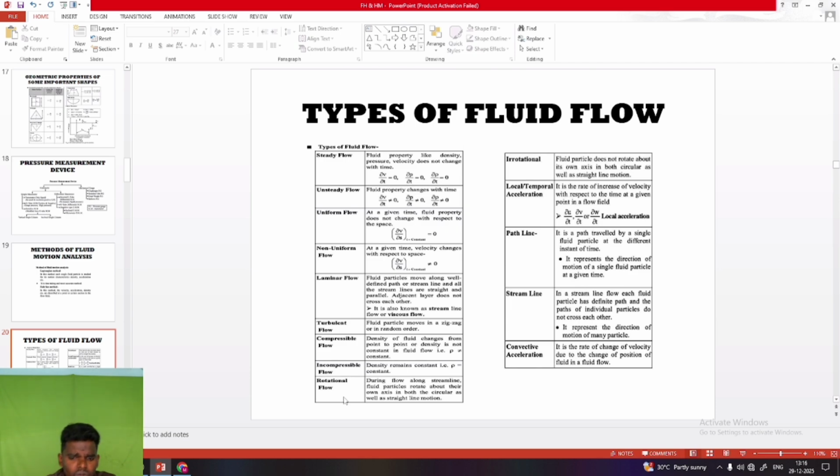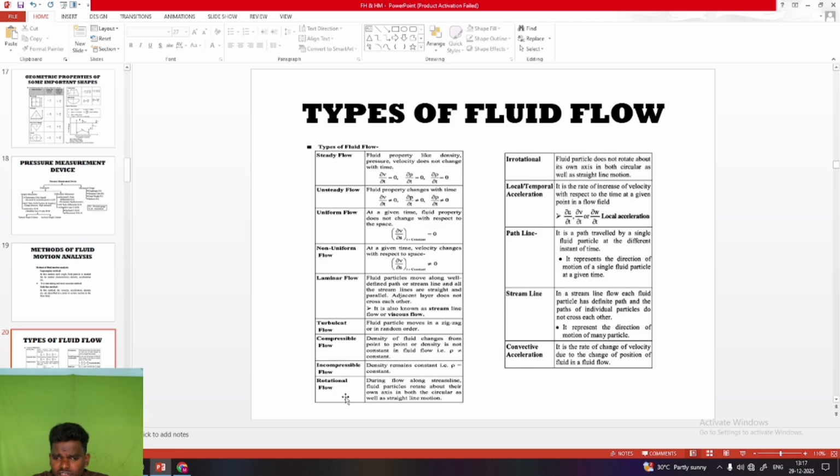Rotational flow: during flow along a streamline, fluid particles rotate about their own axis in both circular as well as straight-line motion. Irrotational flow: fluid particles do not rotate about their own axis in both circular as well as straight-line motion. Local or temporal acceleration is the rate of increase of velocity with respect to time at a given point in a flow field.